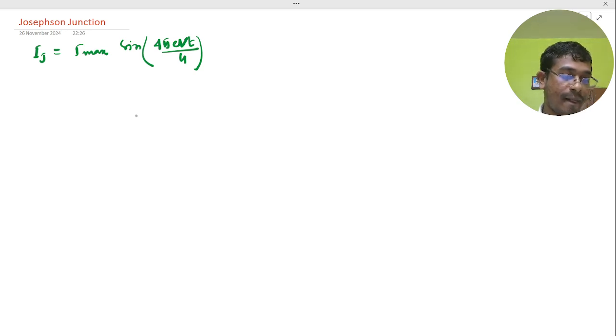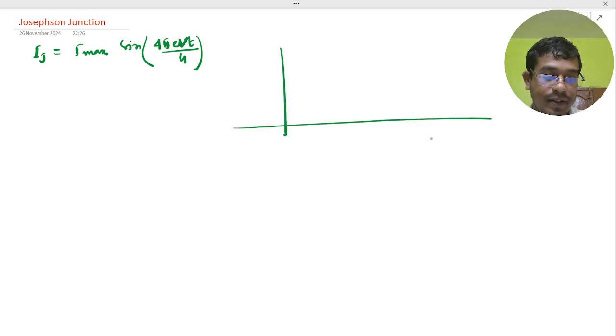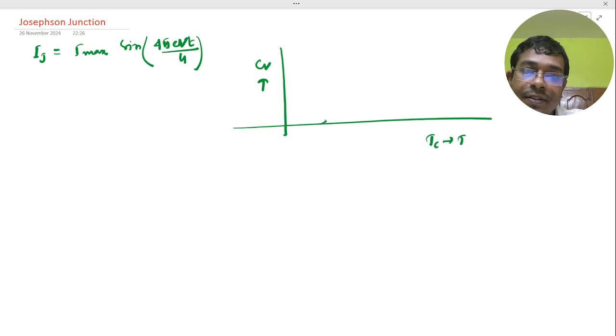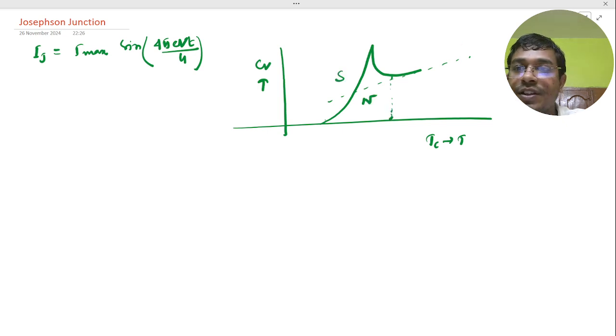And here we have the formula, just a graphical representation here, Tc to T transition from CV. We just see that this one, so this is another and that is another. So this is basically the superconductivity to normal state transition.